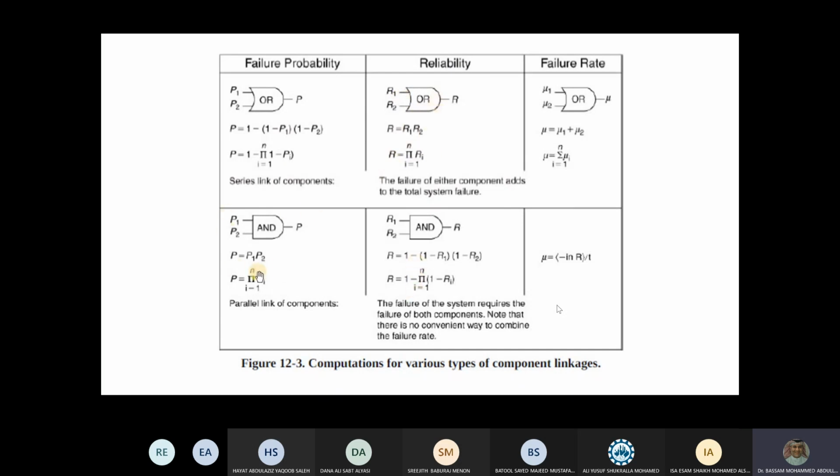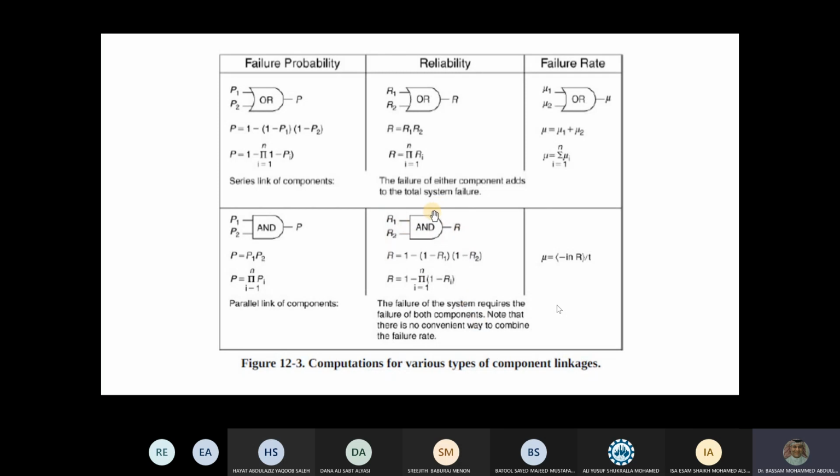And if things are in parallel, now you're going to go to the failure probability. You multiply them in the failure probability, and the opposite. So the failure of the system requires the failure of both components, right? Both of them should fail for the system to fail.